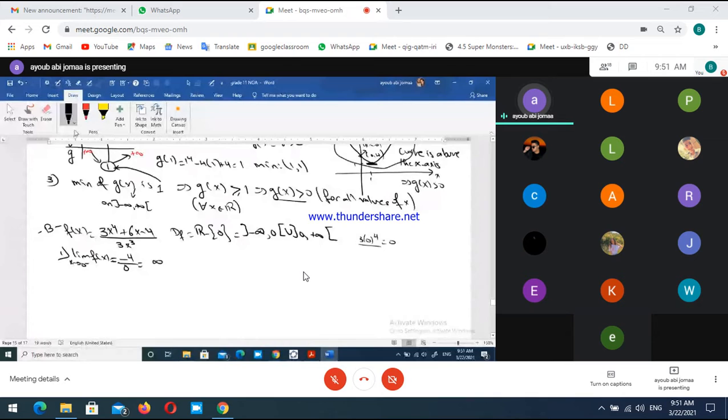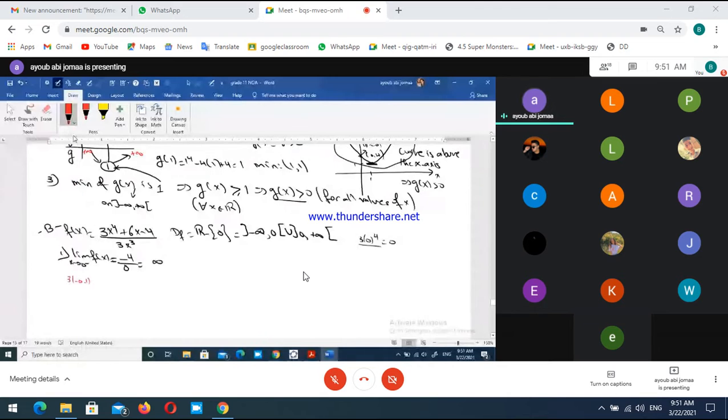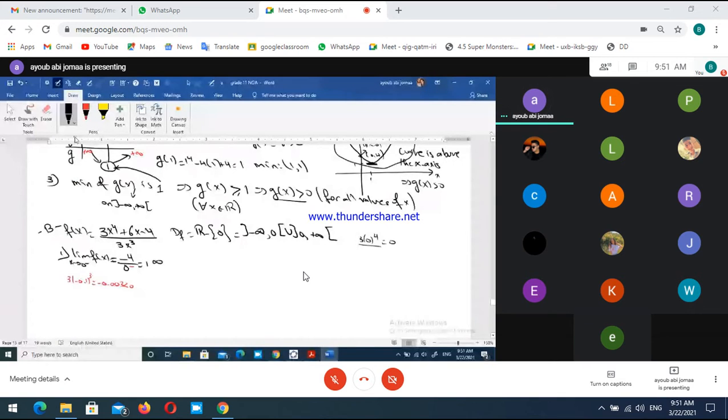If I take, for example, negative 0.1, then 3 times negative 0.1 to the power 3 gives negative 0.003. It's negative, so put a minus. No: negative divided by negative is positive, so it becomes positive infinity.